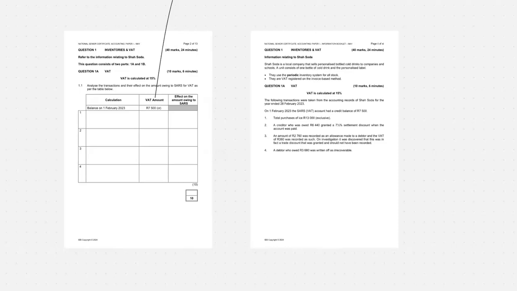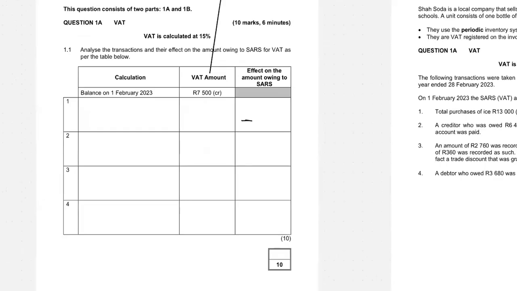So let's do that. 13,000 multiplied by 15 over 100.